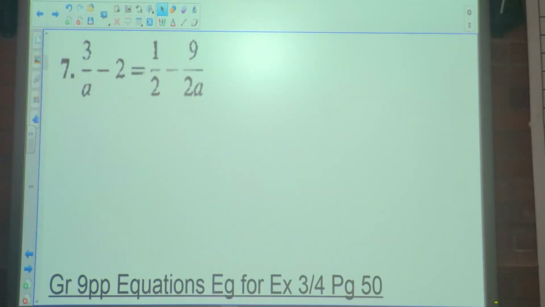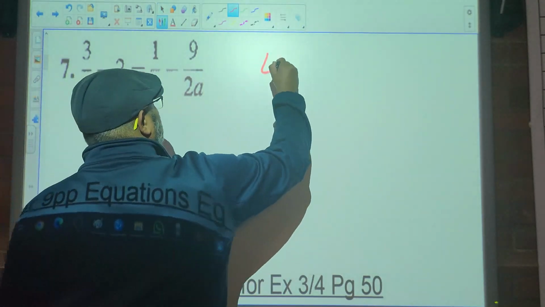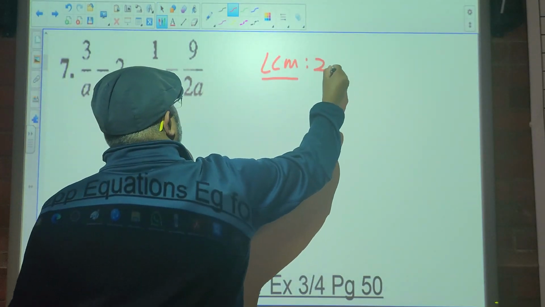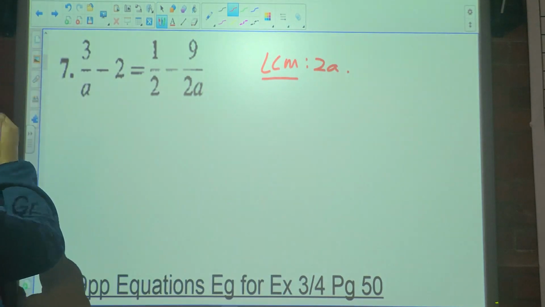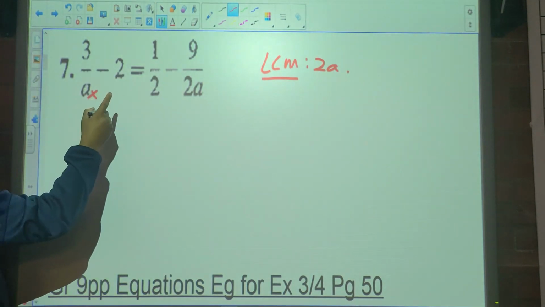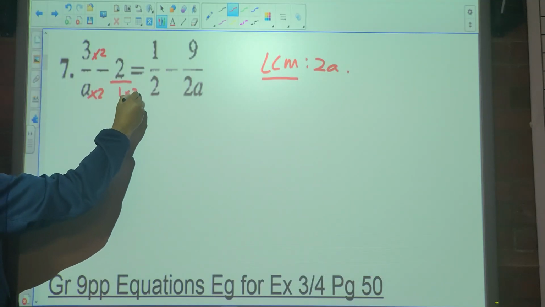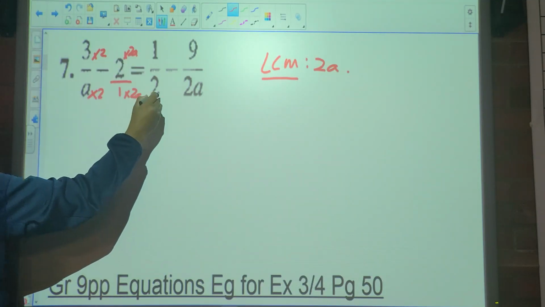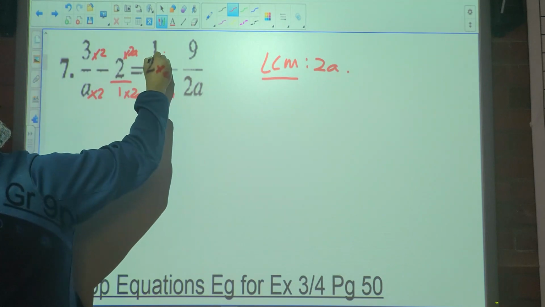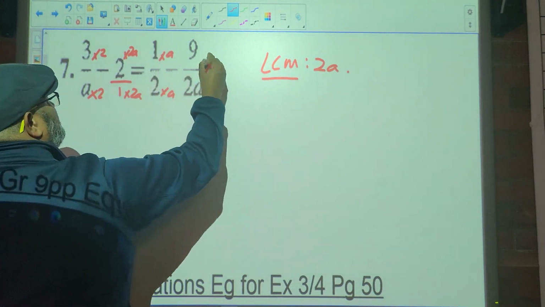People, what's my LCM here? 2a. Right. So what must this be multiplied by to get the 2a? 2. This must be multiplied by 2a. This must be multiplied by a.